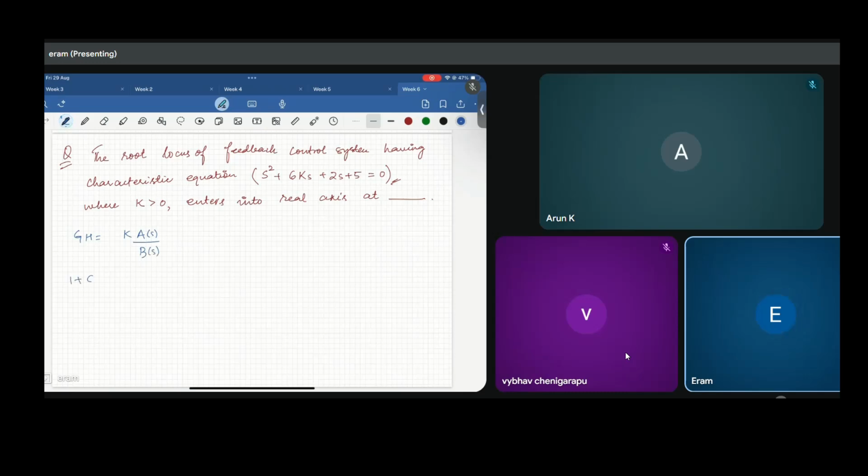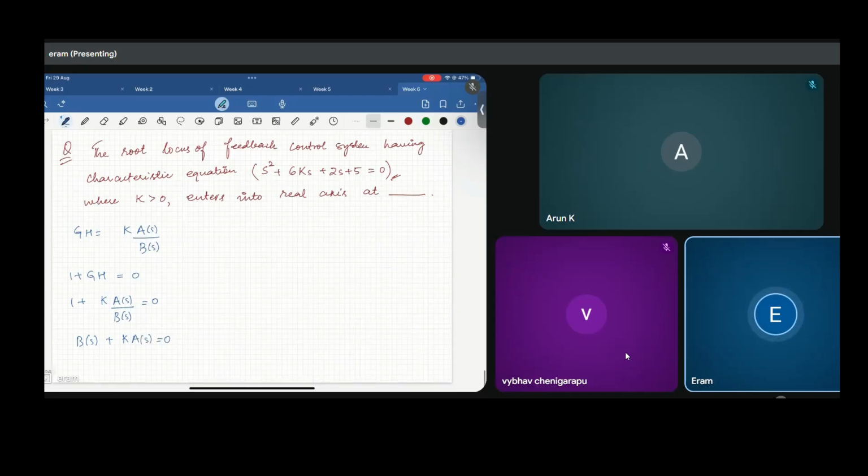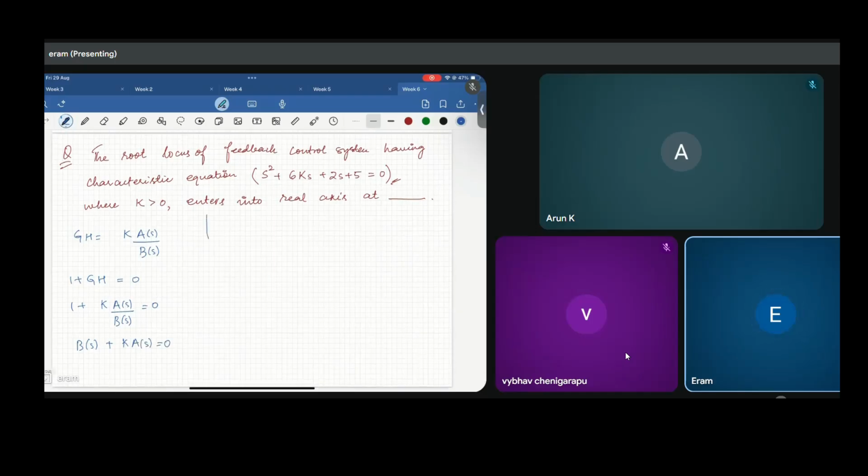Then the characteristic equation is nothing but 1 plus gh equals to 0. So 1 plus k as by bs equals to 0 means bs plus k as is 0. Now from here, can we find out the open loop transfer function now?